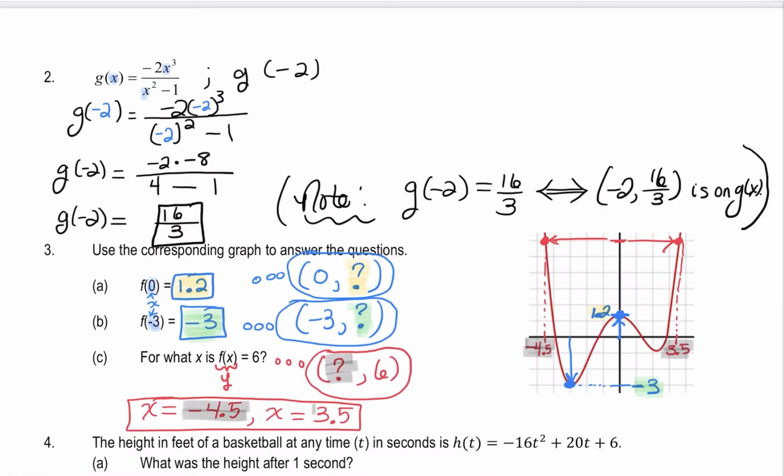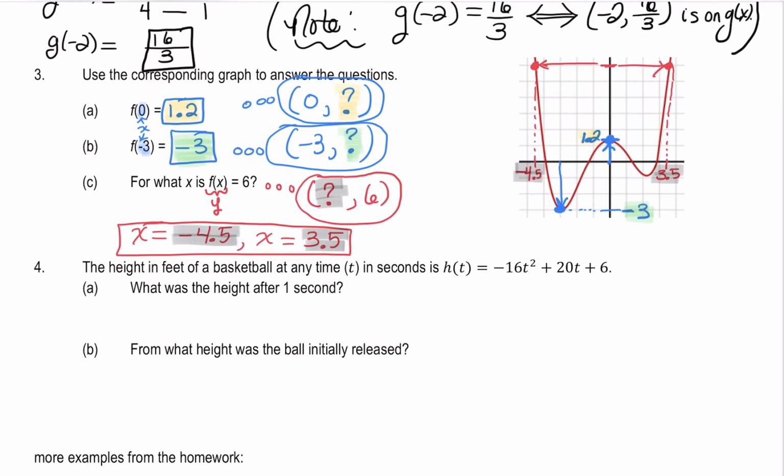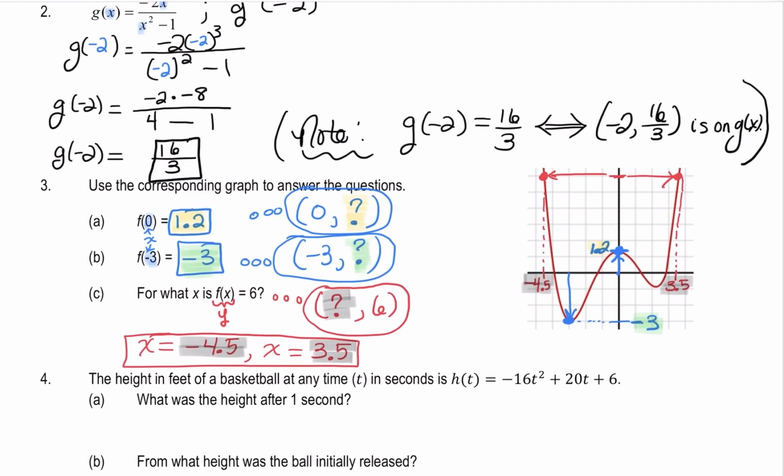All right, so still working with function notation, this time just getting the information from a graph rather than from an equation. All right, so number 4, let's end with this one here. It says the height in feet of a basketball at any time t seconds is given by this h of t function.